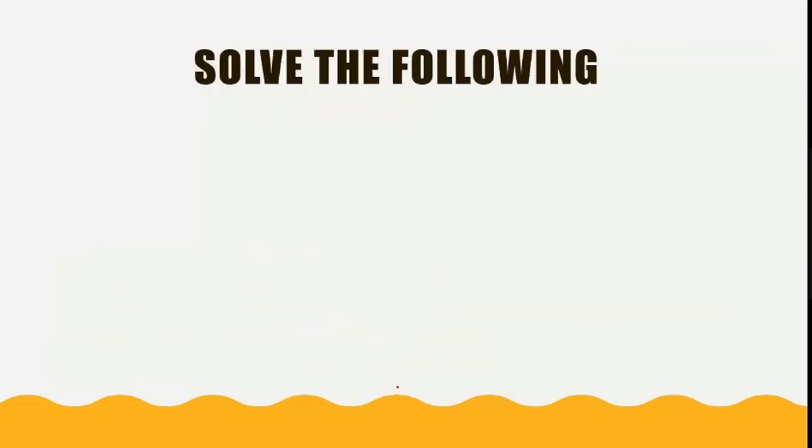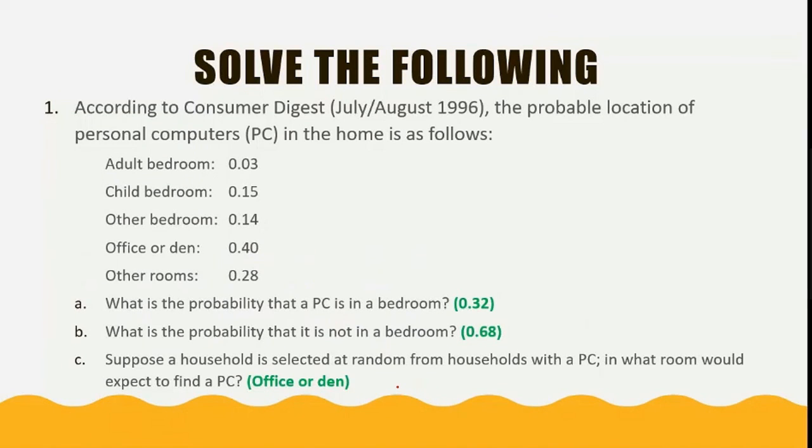Now, for your engage, I have here a problem. According to Consumer Digest in July and August 1996, the probable location of personal computers in the home is as follows.